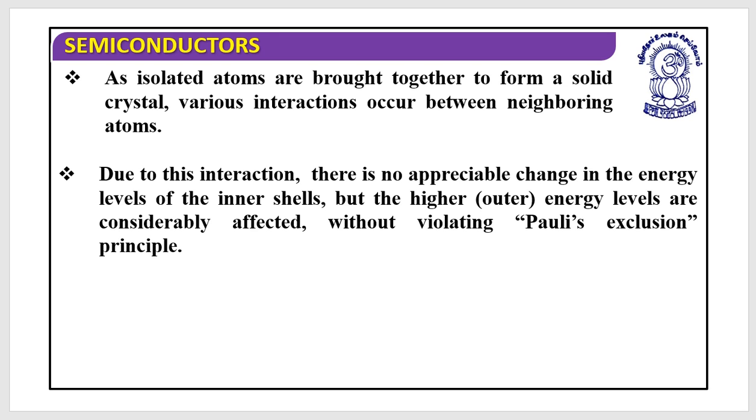When isolated atoms are brought together to form a solid crystal, various interactions occur between the neighboring atoms. Due to this interaction, there is no appreciable change in the energy levels of the inner shell, but the higher energy levels are considerably affected, without violating Pauli's exclusion principle.